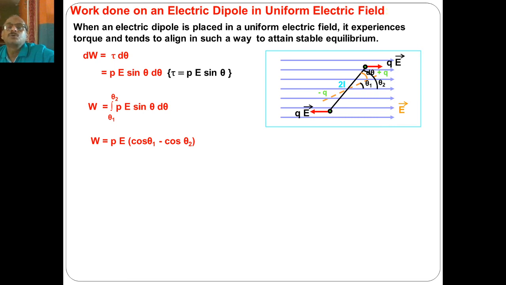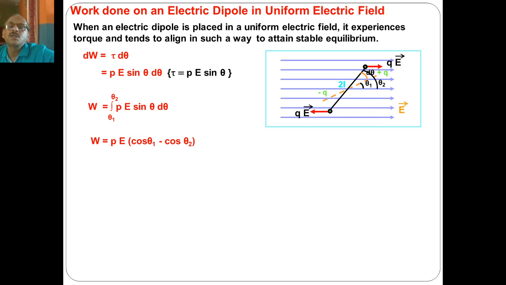Now we know in a conservative field, arbitrarily we choose a point where potential energy is 0. And we know cos 90 degree is 0. So we can take the dipole initially at 90 degree with the electric field; it is arbitrarily chosen.